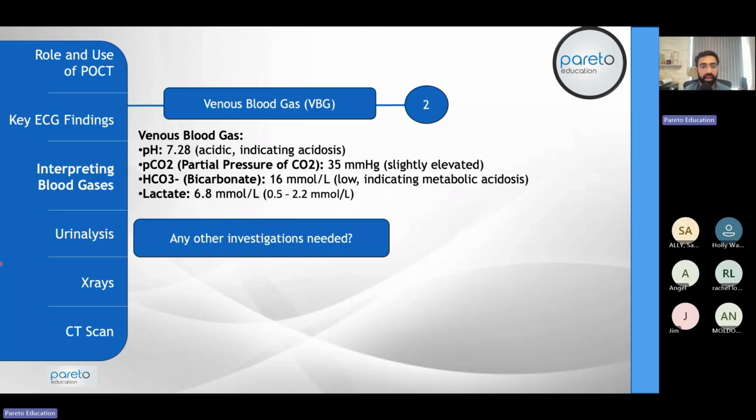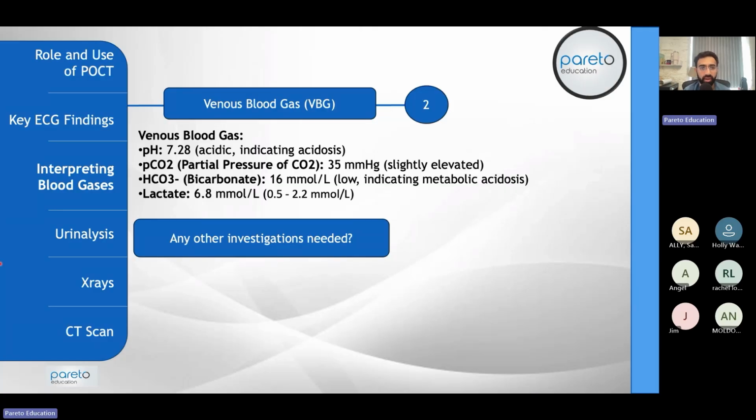So on a blood gas, you obtain this. You've got a pH of 7.28, CO2 partial pressure, oh, it should be 3.5, I think. I'm not sure why it's coming up in mmHg. That's fine.